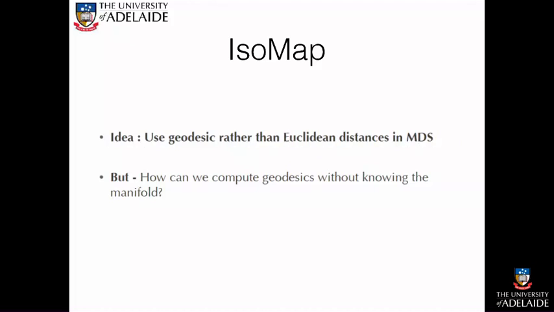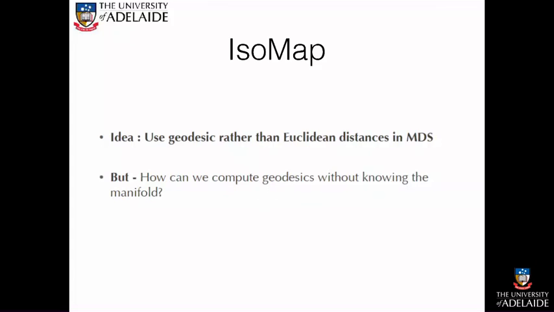If we calculate the geodesic distance and the remaining calculation stays the same, then this is the so-called Isomap. And the question is how we compute geodesic distance without knowing the manifold. Right? This is like a chicken and egg problem.